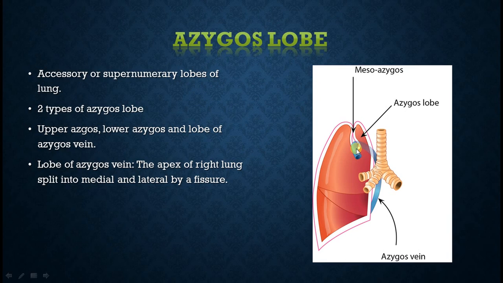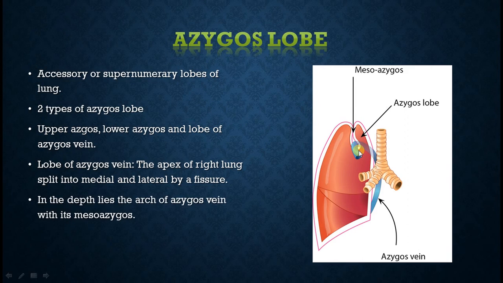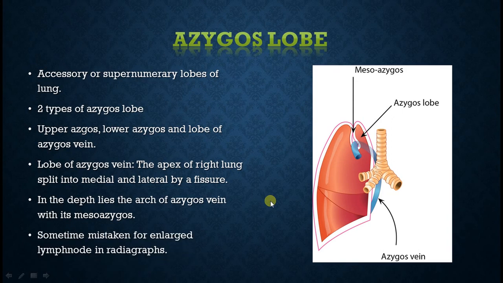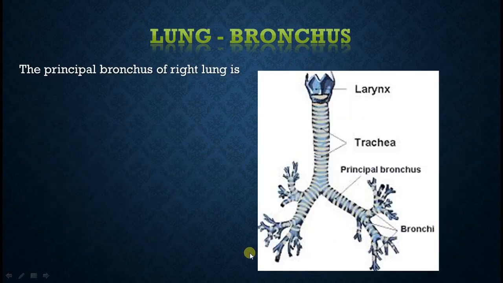You should first rule out whether it is the lobe of Azygos vein. So that is why you should have knowledge about the lobe of Azygos vein, which is different from the Azygos lobe. It can also be mistaken for enlarged lymph nodes in radiographs, as it produces a shadow.